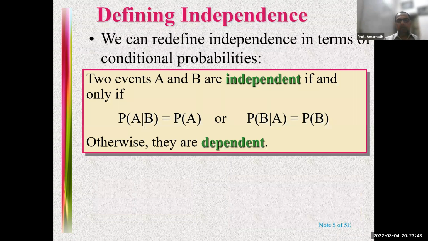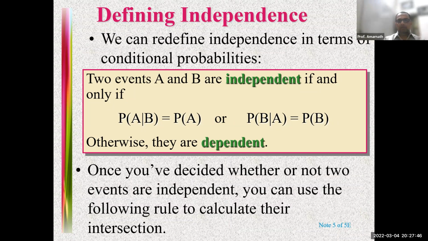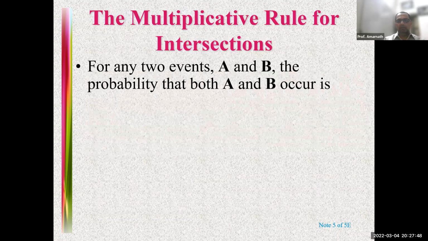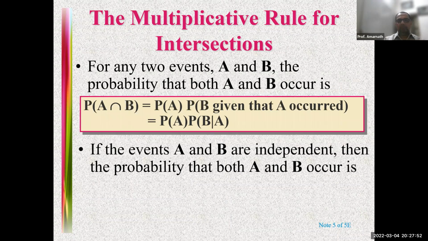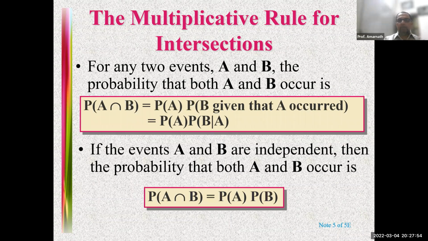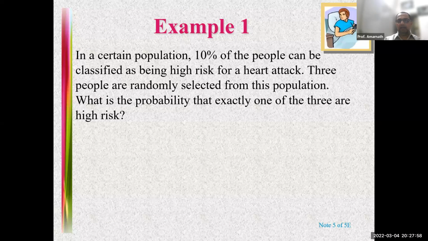This is about defining independence. So, multiplicative rules. We have an addition rule, so there should be a multiplication rule. In a certain population, 10% of the people can be classified as high risk for heart attack. 3 people are randomly selected from this population. What is the probability that exactly one of the 3 is high risk?